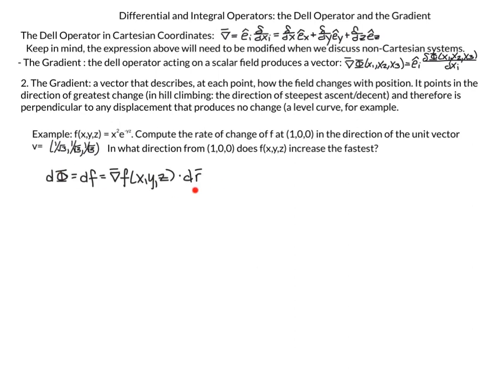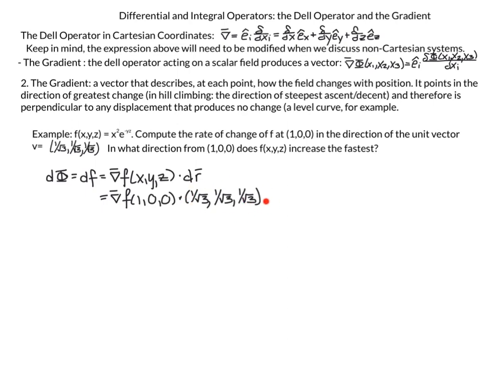This is the formula we used before, where we had the change in phi, and in this case our phi is this f of x, y, z, so it's equal to df, which is equal to the gradient of f evaluated at x, y, z, dotted with our change of direction. Plugging in some of the numbers, we have the gradient of f evaluated at 1, 0, 0, dotted with our direction vector, 1 over square root of 3, 1 over square root of 3, 1 over square root of 3.